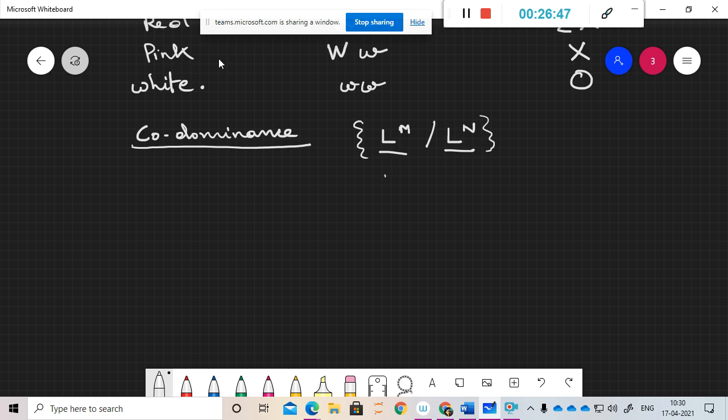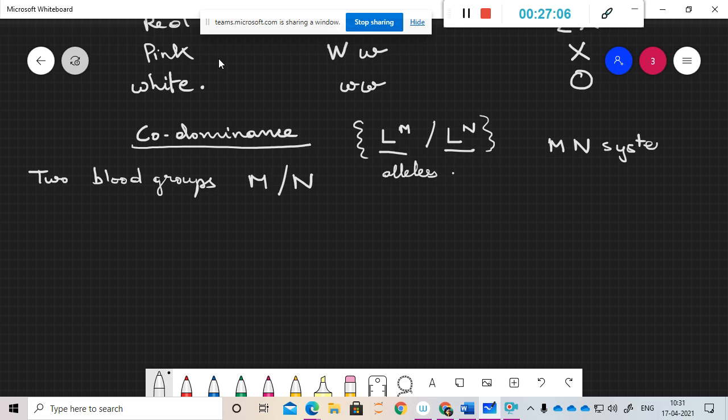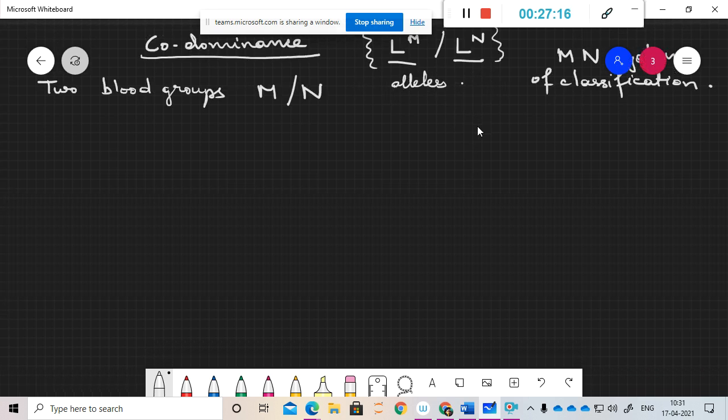These are the 2 alleles, 2 special types of blood groups. This is the MN system of classification.